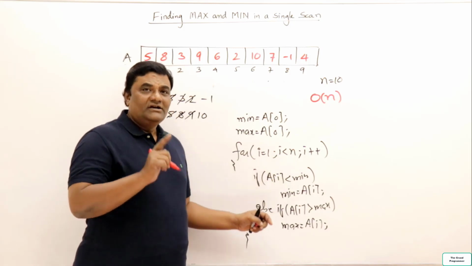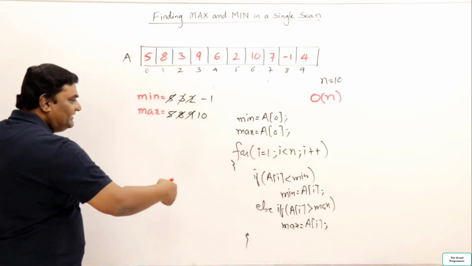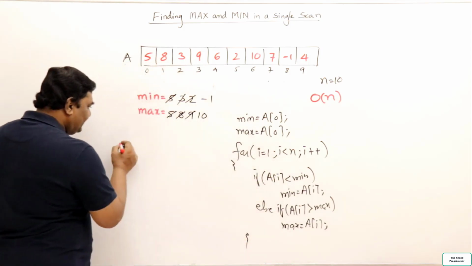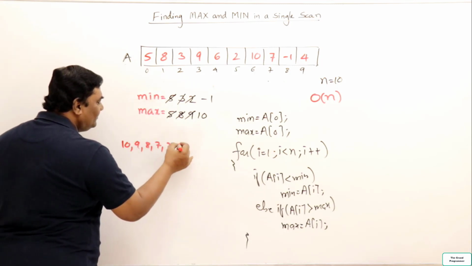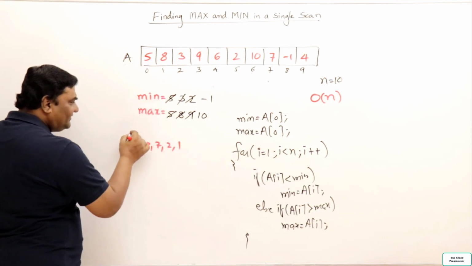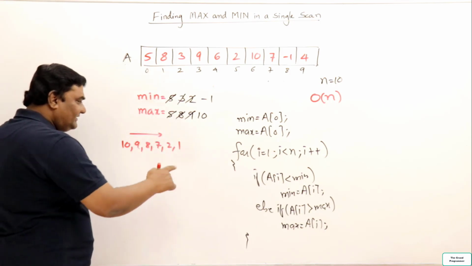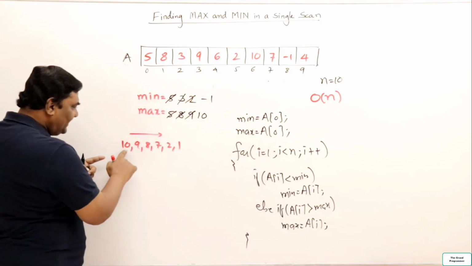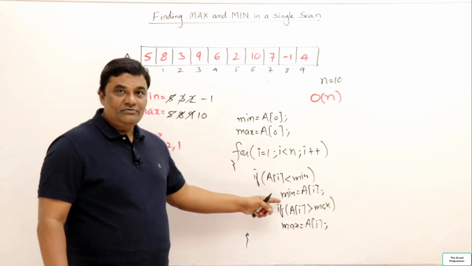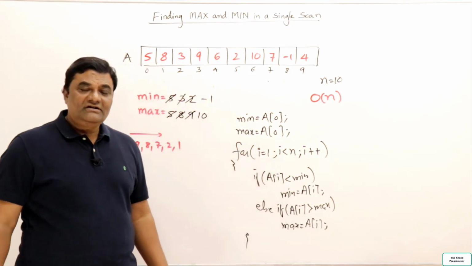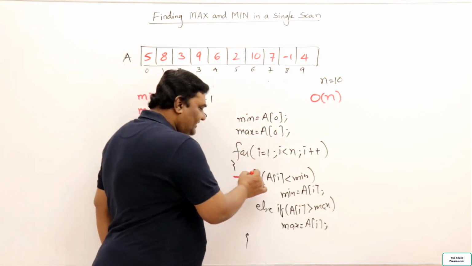Always this is true. So when will it happen? If the list is in the descending order, like if you have the numbers like 10, 9, 8, 7, 2, and 1. If you have a list in the decreasing order, then every time this condition will be true. 9 is smaller, right? 8 is smaller, 7 is smaller. Always this will be true. If the list is in descending order, then only this condition will be executed.